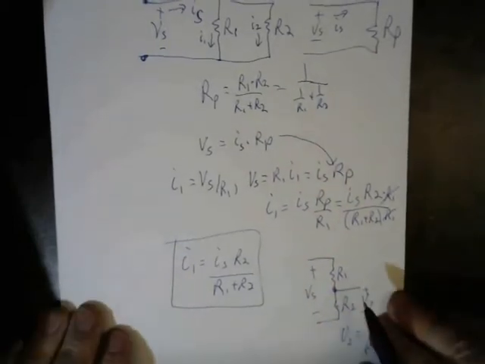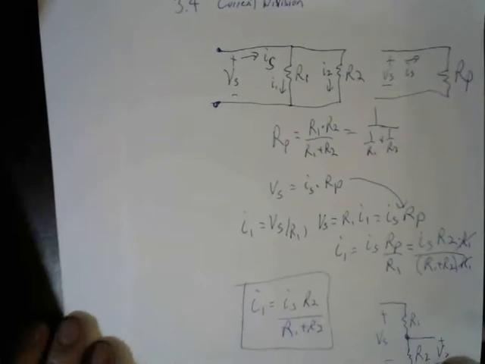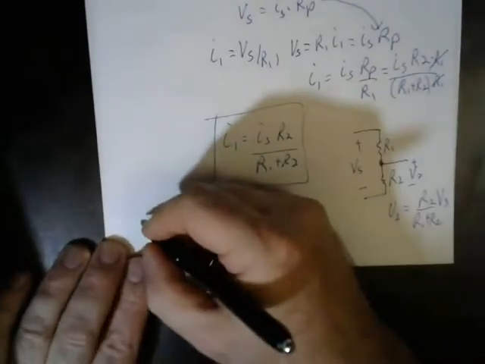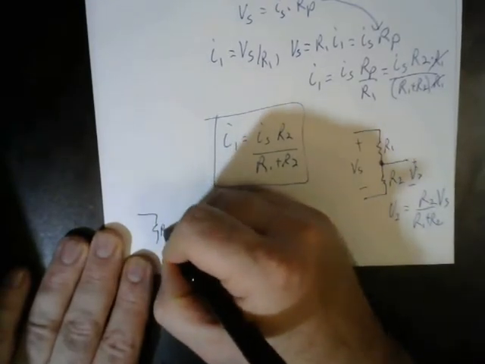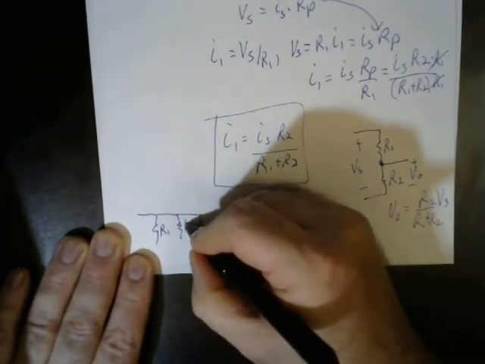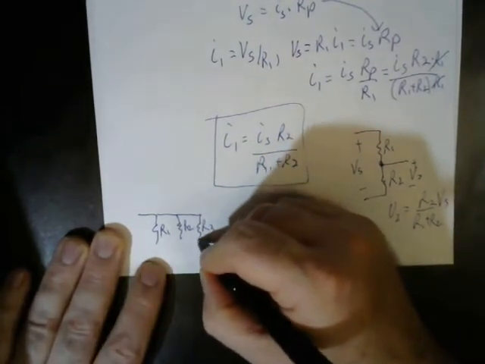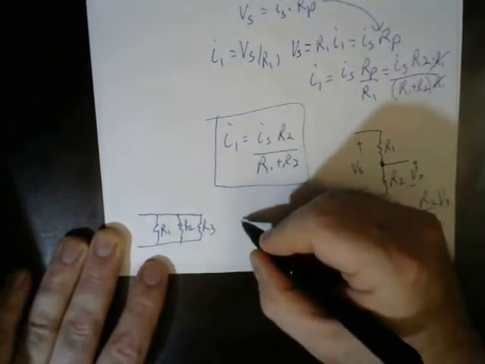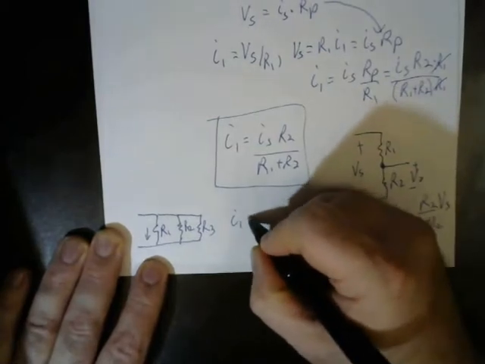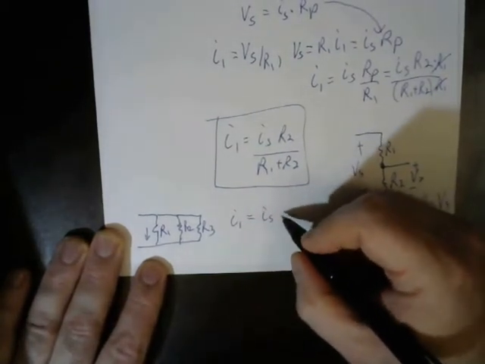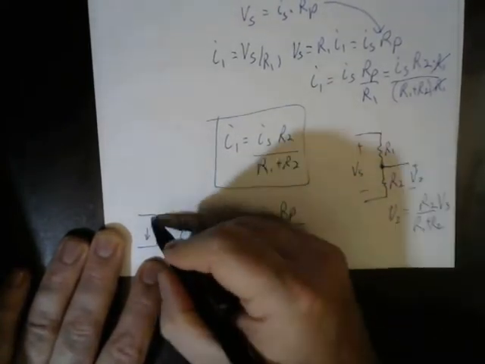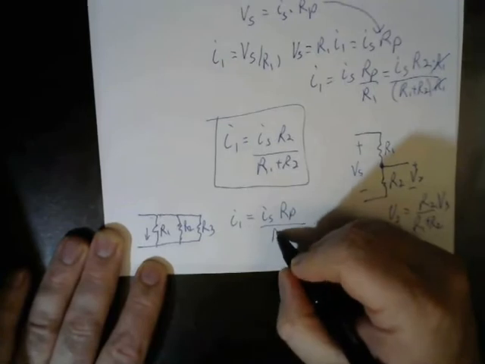And this is a general result. So in general, it doesn't matter how many resistors I have. I'll just draw this at the bottom of the page. I1 is always going to equal IS times R parallel for the whole thing, which is the voltage across this, divided by R1.